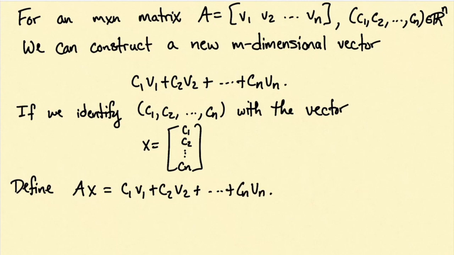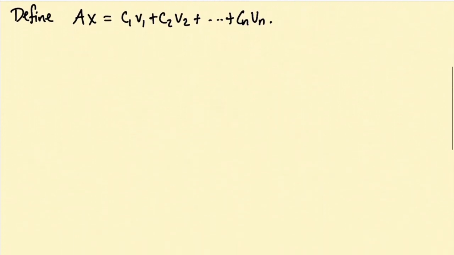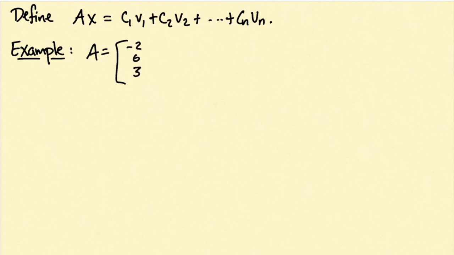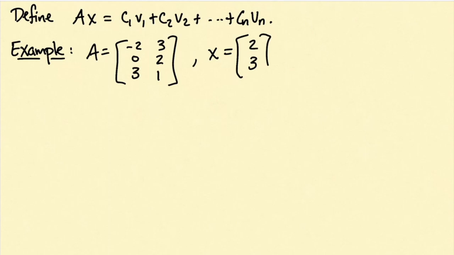So for example, let's say that we have a matrix A with two three-dimensional columns, -2, 0, 3, and 3, 2, 1, and another vector, x, which has two rows, 2 and 3.